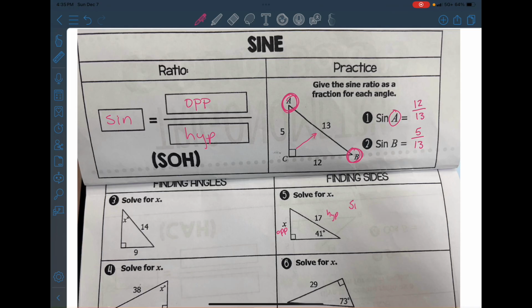So sine of 41 equals our opposite over our hypotenuse. Now x and 17 are dividing right now, and we have to get x by itself. The opposite of division is multiplication, so we can cancel that 17 out, but we're going to bring it to the other side.